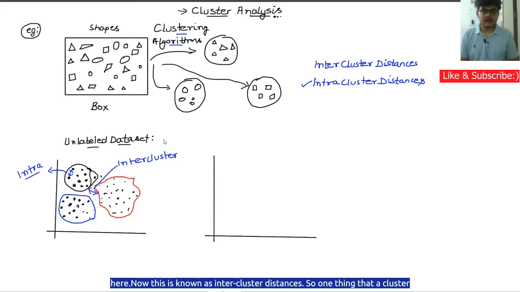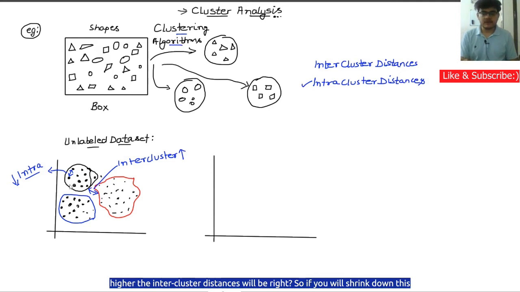One thing that a clustering algorithm does is reduce the intra-cluster distances, so that you will be able to find out that those points are more similar to each other. The lesser the intra-cluster distances are, the higher the inter-cluster distances will be, right?